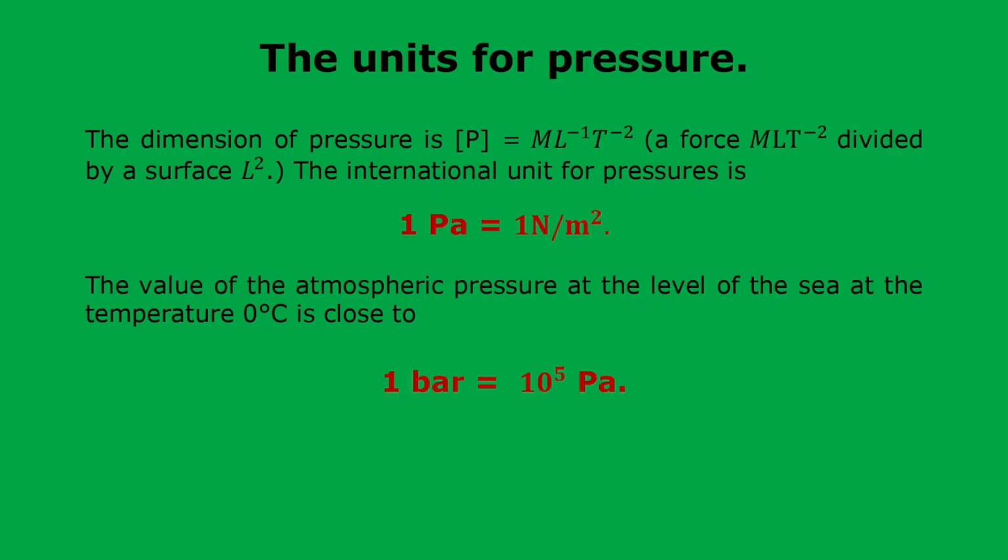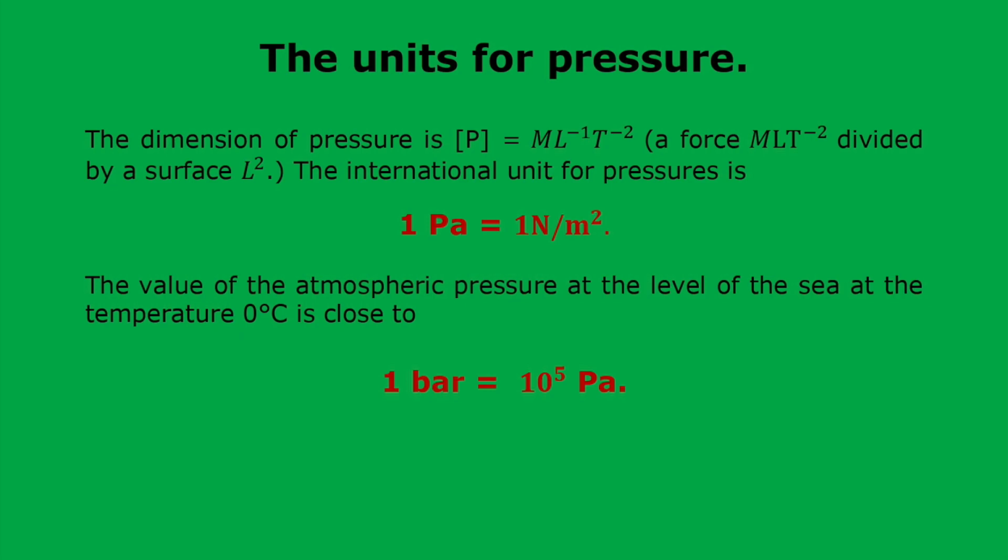We recall that the unit of pressure is 1 Pascal equal 1 Newton per square meter. Sometimes one uses 1 bar equal 10^5 Pascal. 1 bar is close to the atmospheric pressure at 0 degrees centigrade at the level of the sea.